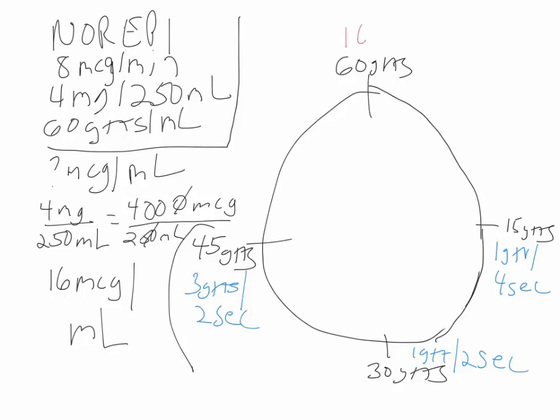So now 60 drops is 16 micrograms in 1 milliliter. This is how that all works. So if 60 drops equals 16 micrograms, then 4 micrograms is 15 drops, 8 micrograms would be 30 drops, which is where we want it to be, and then 45 drops would be 12 micrograms.